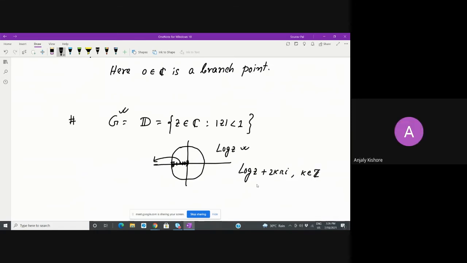Sir, I had a question. Log z plus 2k pi i, can it be geometrically viewed as the overlappings of this branch cut? Overlapping means 2k pi i argument variation is coming, so one rotation, does it mean like that?